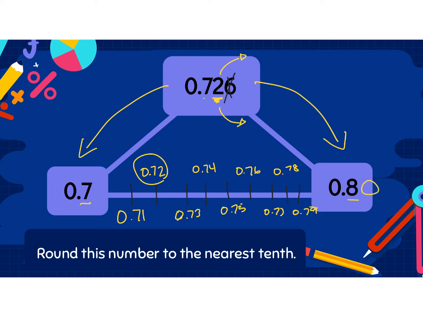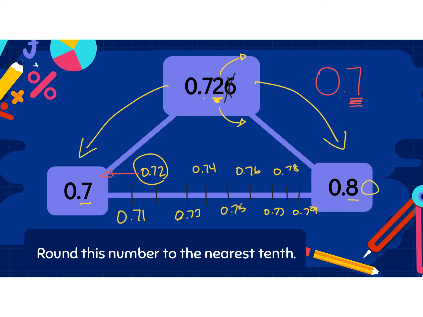If we plot here, we notice that our 0.72 is closest to 0.7. So you would round this number down to 0.7. If we're rounding to the nearest hundredth, that's the last digit that we have to have. You could put 2 zeros if you want to, but you also don't have to. If we're rounding to the nearest hundredth, there will be nothing after the hundredth.